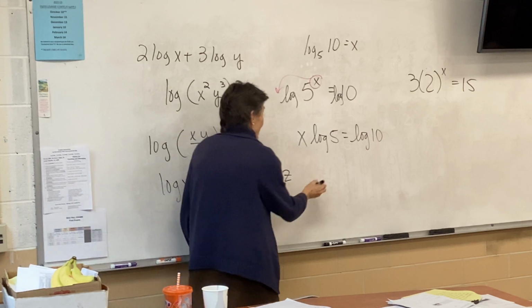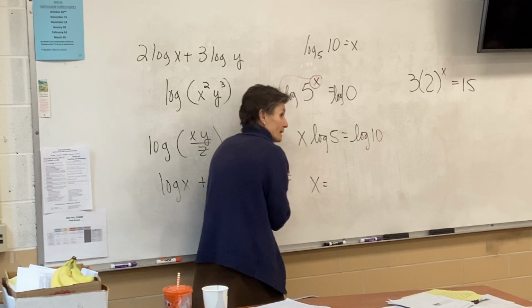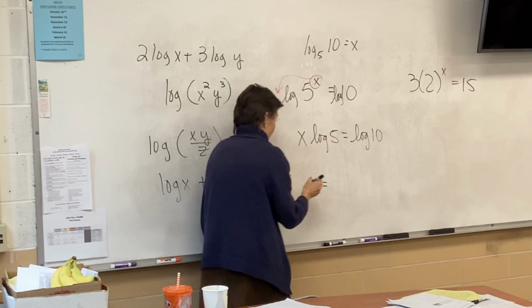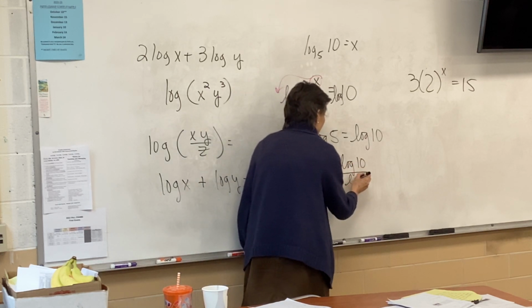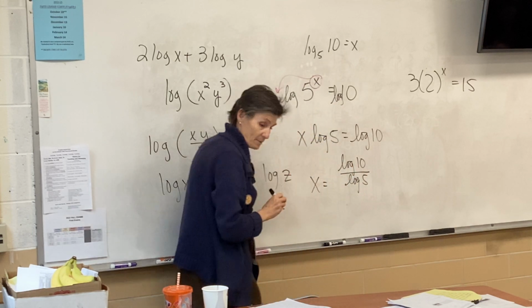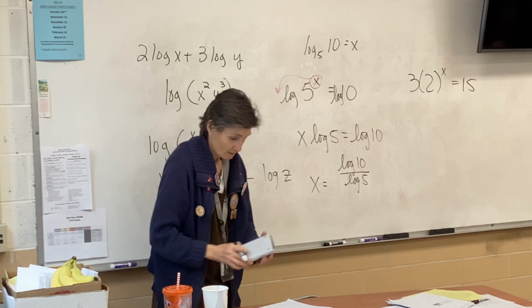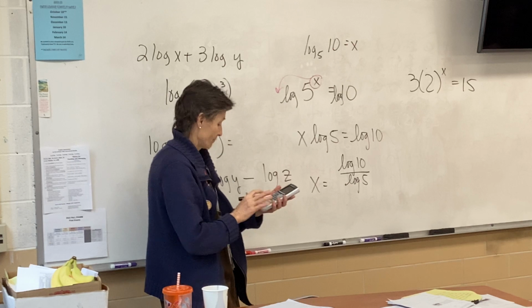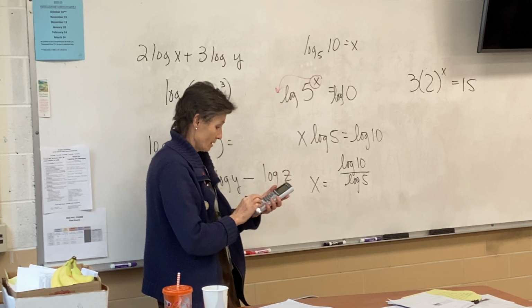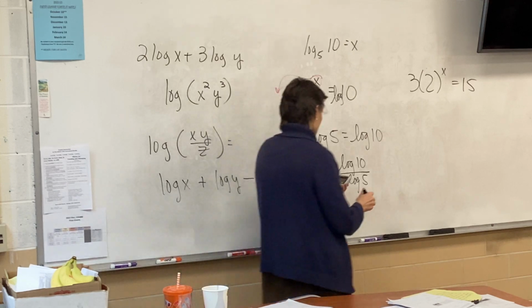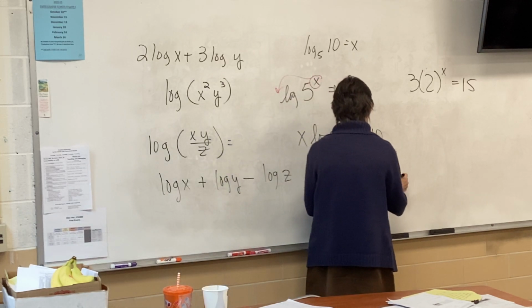I want to know what x is, so what will I have to do to get x by itself? Divide. So log 10 over log 5. So I can type that in. X equals 1.43. Let's see, log 10 divided by log 5. Did you say 1.4307?